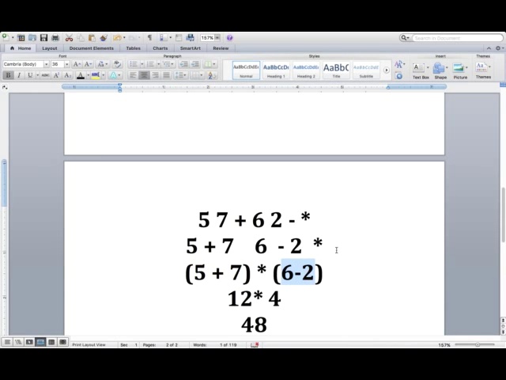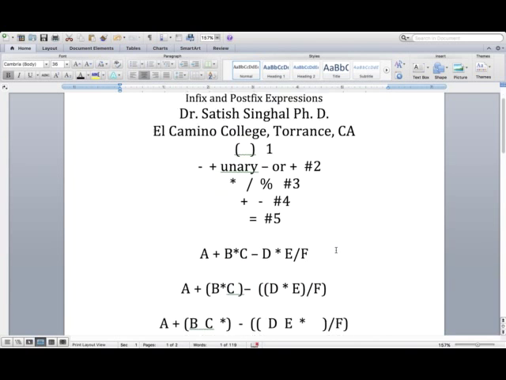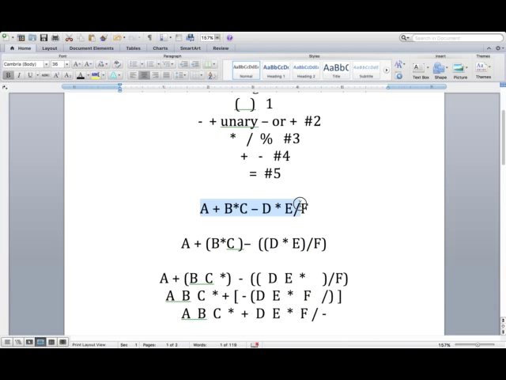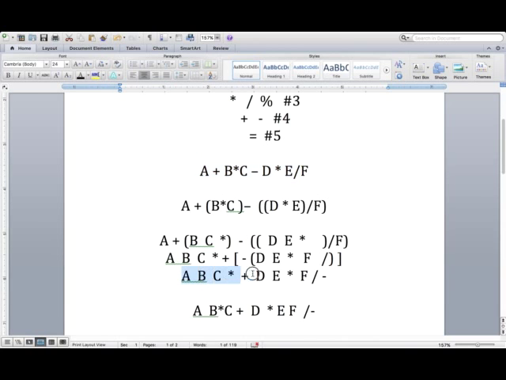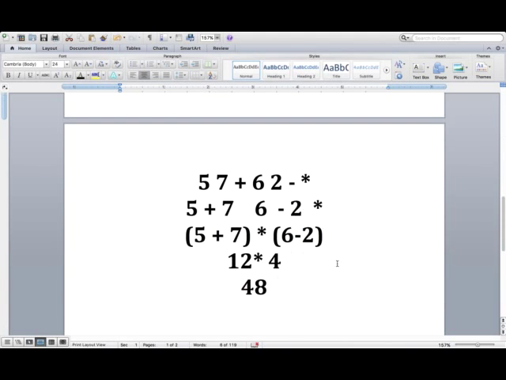Now what we have shown here, either conversion of infix to postfix form or conversion of postfix first to infix and then its evaluation. This is what we call a brute force method. And you can write an algorithm that would use the brute force method, but it's never useful to do that.